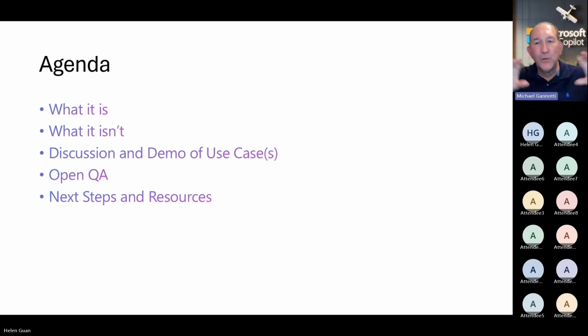Helen has two distinct sets of use cases with demos throughout those that are just phenomenal. After that, we're going to have wide open Q&A, but feel free to post your questions, comments, and where you're joining from in the Q&A panel. And then, finally, next steps and resources.